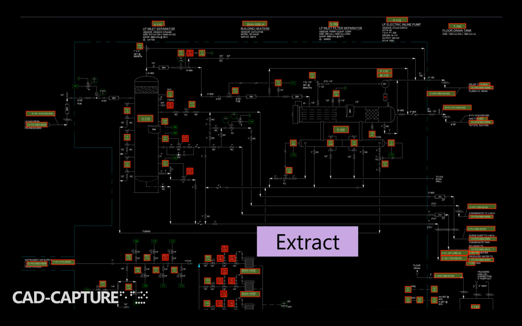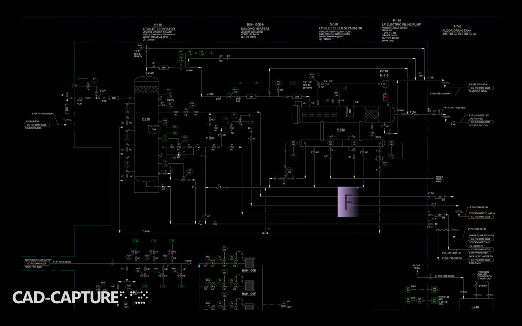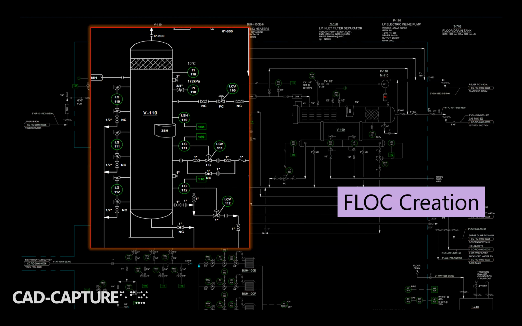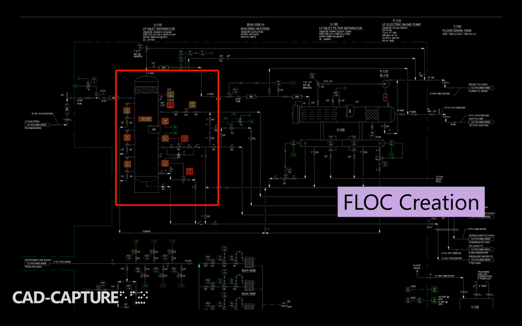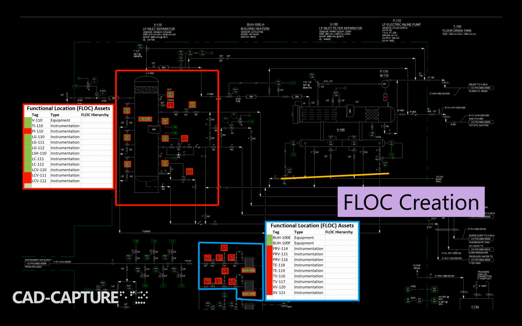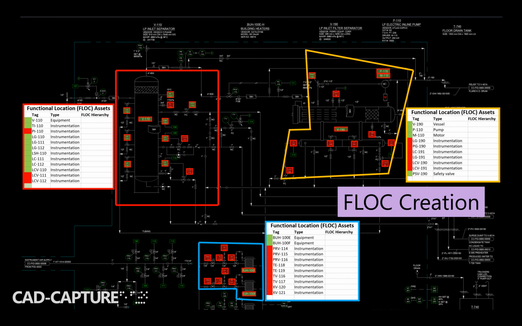Once this application is released, we will be able to identify how that information is related, so where equipment is there to support or protect different high level pieces of equipment and assets, we'll be able to identify those at the drawing level. You'll be able to draw, as you can see here, boundaries around a series of assets already identified within the drawing, and allocate those to a particular functional location.